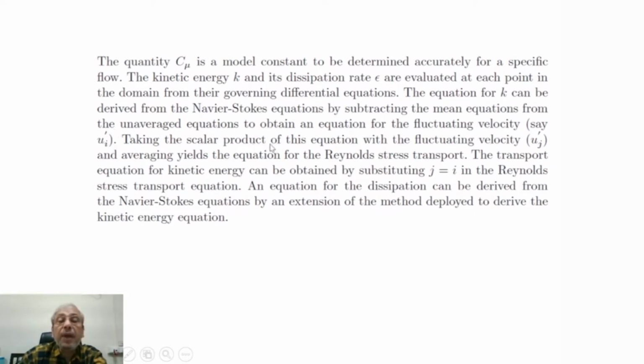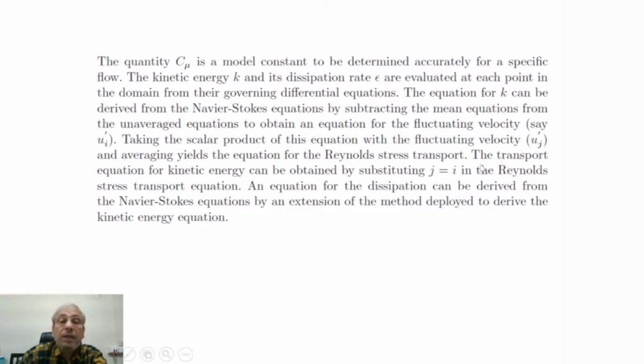Taking the scalar product of this equation with fluctuating velocity uj prime and averaging yields the equation for Reynolds stress transport, that means transport of ui prime uj prime bar.